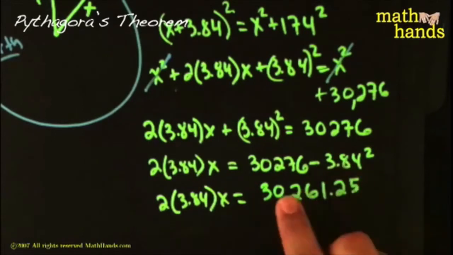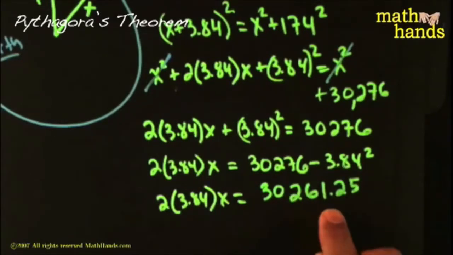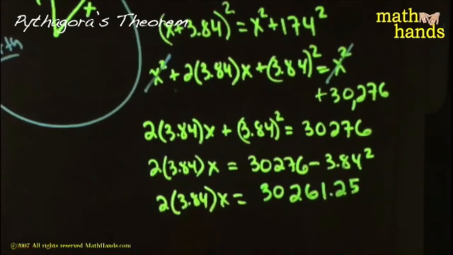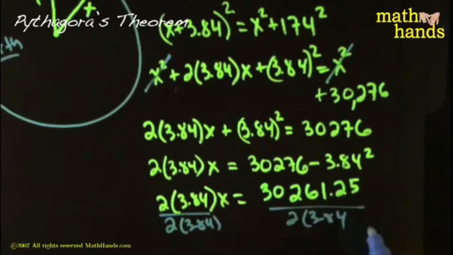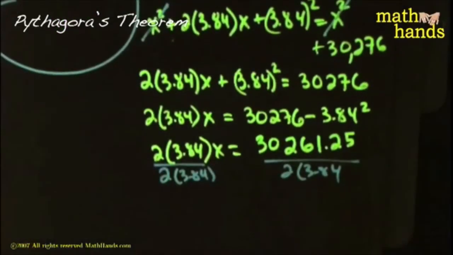This is about 14, so that leaves us with about 30,261.25. Next we divide both sides by 2 times 3.84, and that gives us x.